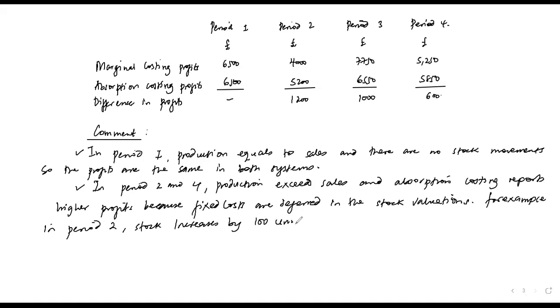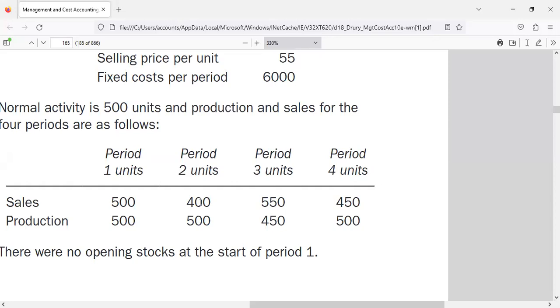You're producing 500, but you sell only 400. So your closing inventory is now 100 units. But the fixed costs in the closing inventory are deferred to period 3.